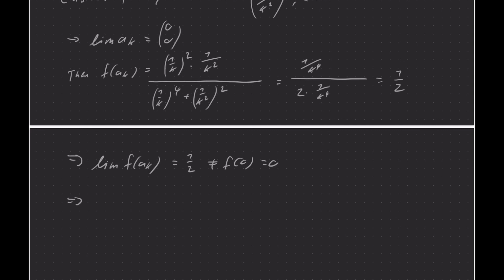So obviously we have found a sequence such that f along the sequence does not converge to the function value at the point 0. So f is not continuous.